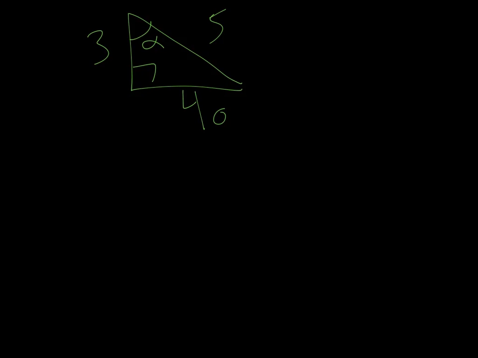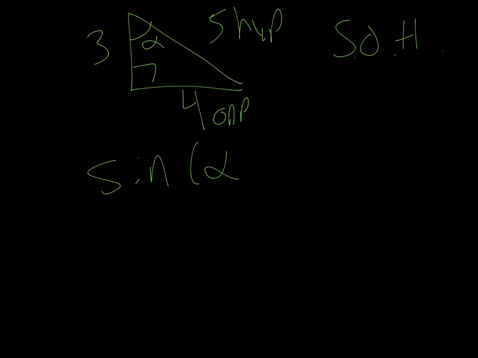Okay, now if I solve for it, let's go ahead and use sine. So if I recreate my triangle here, this being alpha, if I use sine, that's going to be opposite over hypotenuse. Remember our mnemonic. So sine of alpha is going to be equal to 4 over 5.